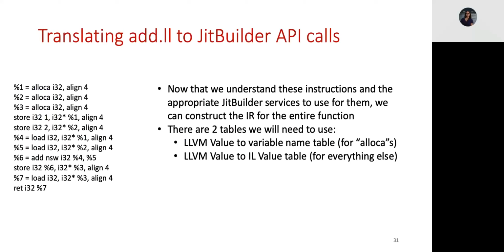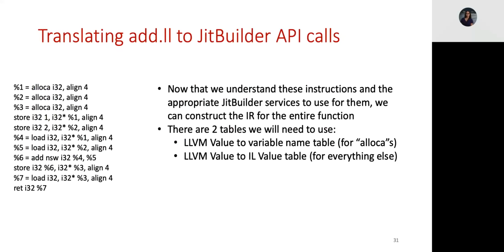So now that we understand some of the instructions and have an idea of some equivalent JitBuilder services to handle these instructions, we can go through the steps that LLJB takes to construct something similar to this into OMR IL. And there are two tables that we are going to have to maintain.